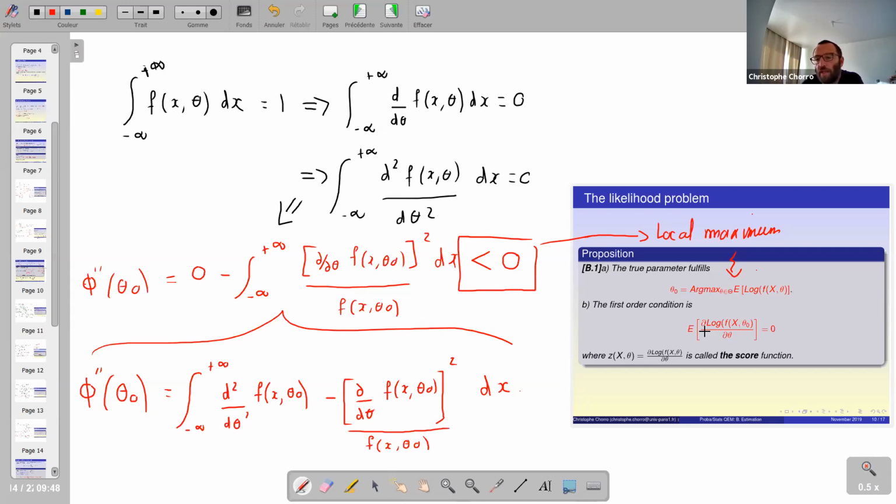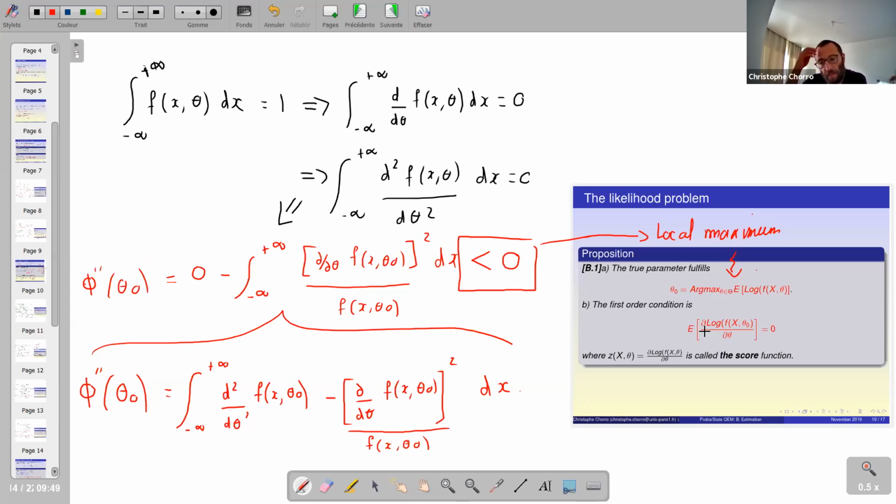So you can omit this proof for the final exam, but it was just to show you that my true parameter, and this will be fundamental for us, may be related to a concrete problem, that is to maximize the expectation of the logarithm of the density function at the point capital X. If I do this, I obtain theta 0 as the point where this maximum is reached.